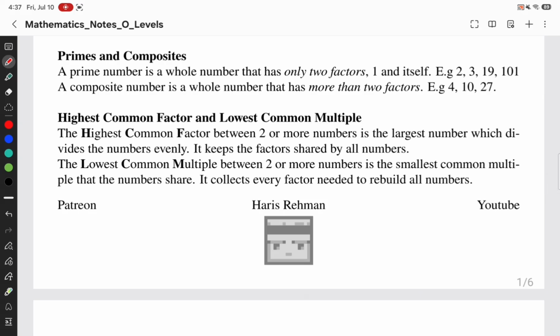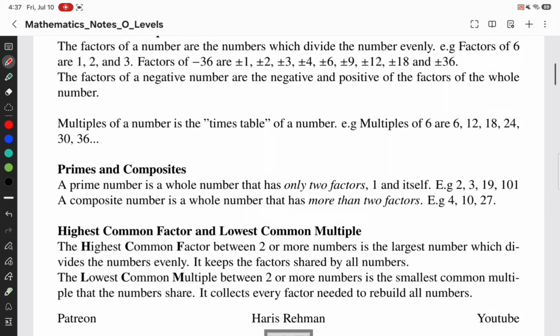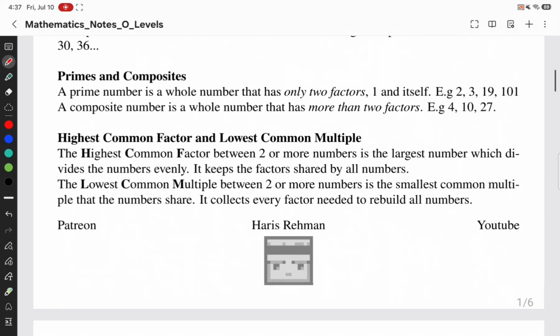LCM, lowest common multiple, between 2 or more numbers is the smallest common multiple that the numbers share. It collects every factor needed to rebuild all the numbers. Multiples mean in a times table.